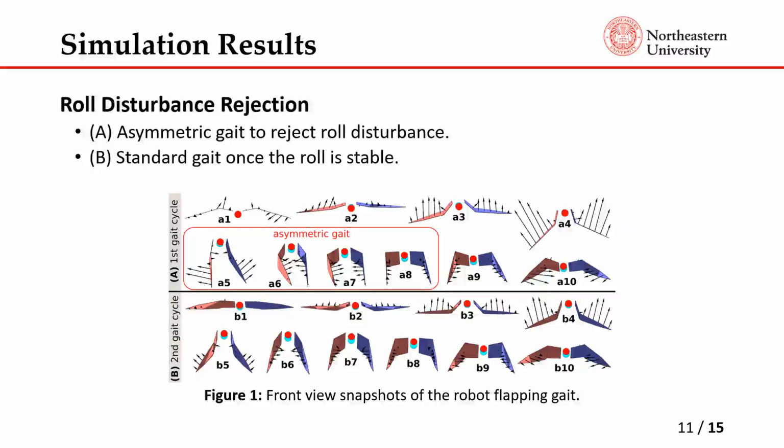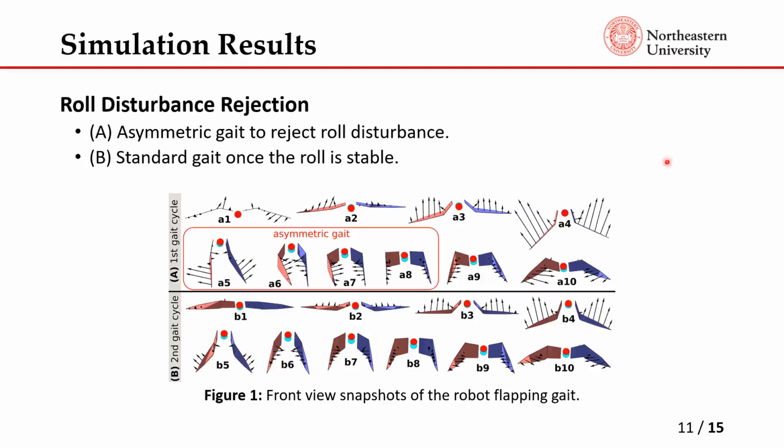So we test this controller to reject roll perturbation. We apply some initial roll disturbance to the robot. In the first few flapping gaits, it requires an asymmetric gait, as shown over here on the top side.